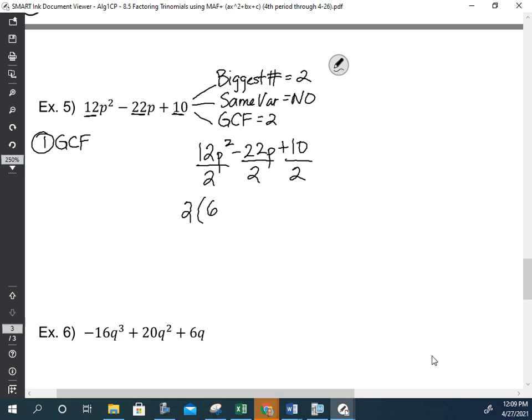So you get 6p squared minus 11p plus 5. That's greatest common factor. So this time you had a greatest common factor.